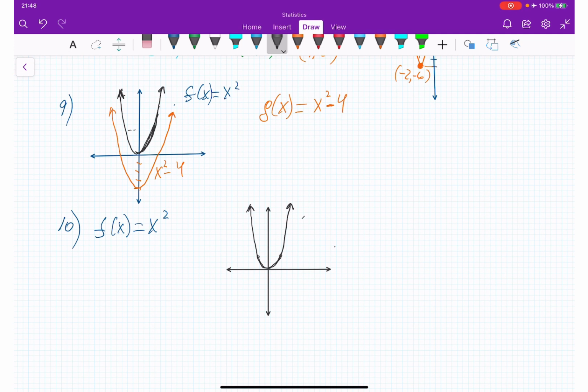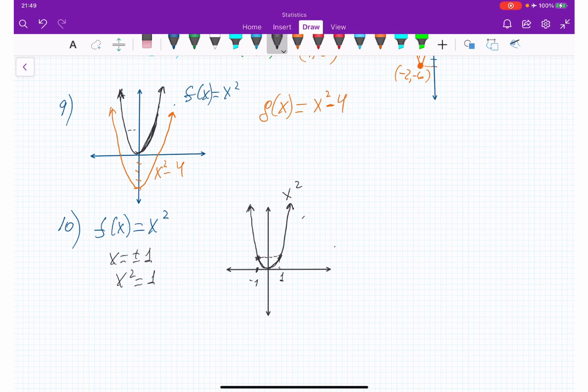If x is plus or negative 1, then x squared is still going to be 1, right? So I can take here negative 1, y is still 1, and here is also positive 1. By these 2 points I can connect and draw it. So this is x squared.